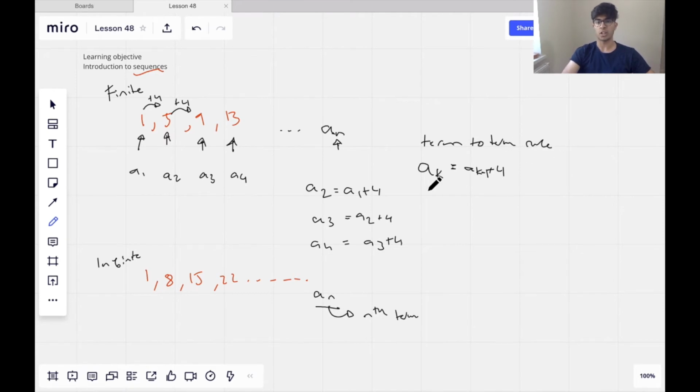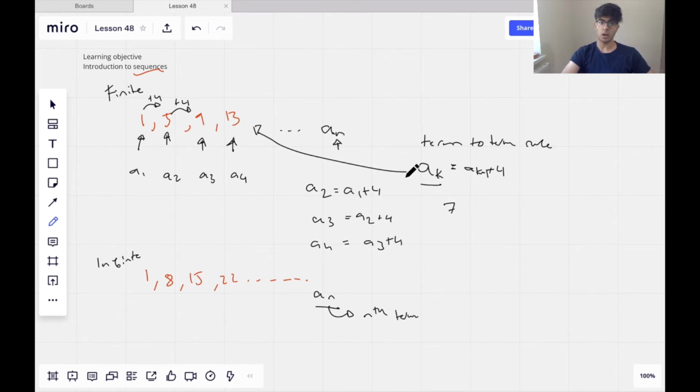Because it shows us how one term is related to the next. And this holds for all the terms, it holds forever. But how do we know what the first term is? If the first term was, say, 7, for example, then we'd have a different pattern to this one.